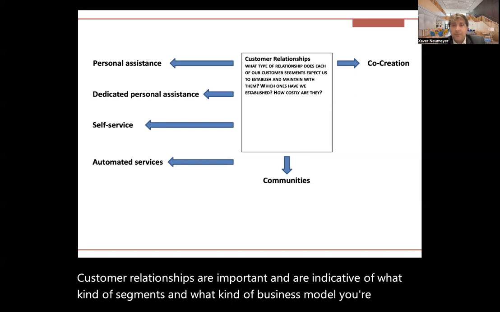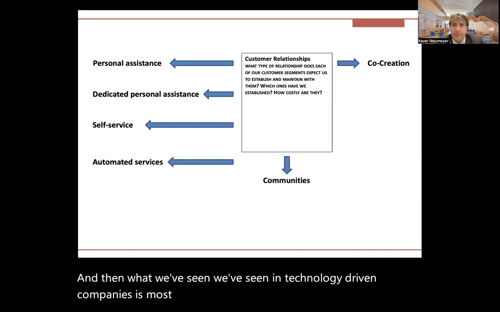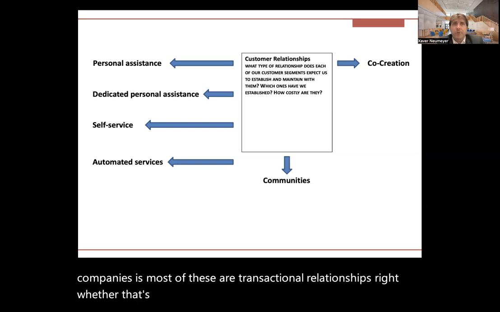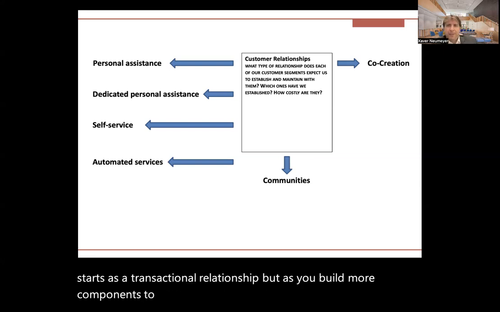And what we've seen in technology-driven companies is that most of these are transactional relationships. Whether that's buying something on Amazon, that starts as a transactional relationship, but as you build more components to your platform, it becomes a much closer, more personal relationship with Amazon.